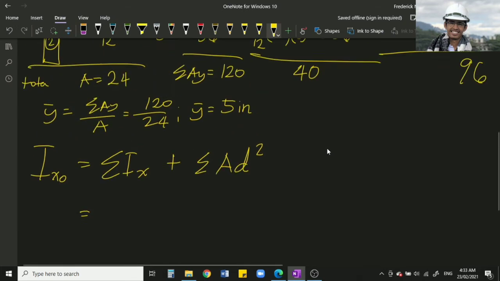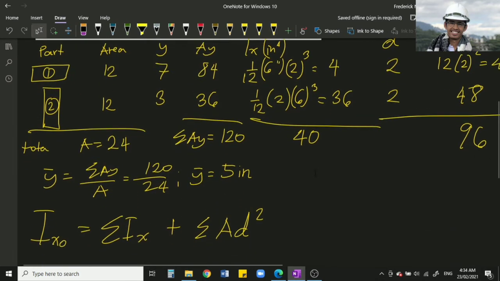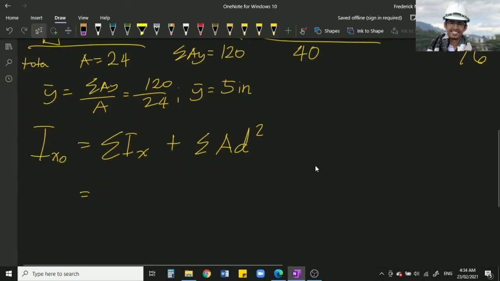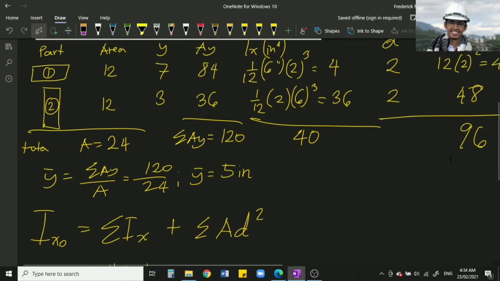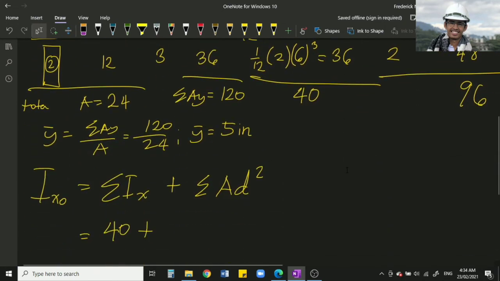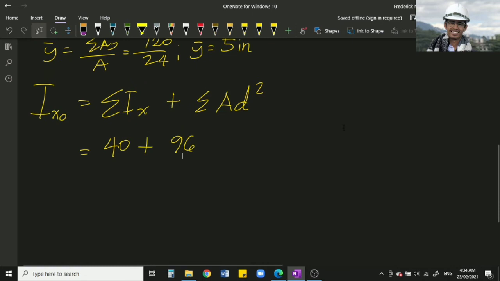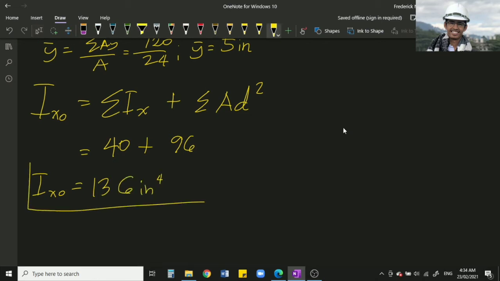So summation ng Ix natin will be 40, plus summation ng AD squared natin, so that will be 96. So IXO natin will be equal to 136 inch raised to the 4th. Okay. So ito na yung IXO natin.